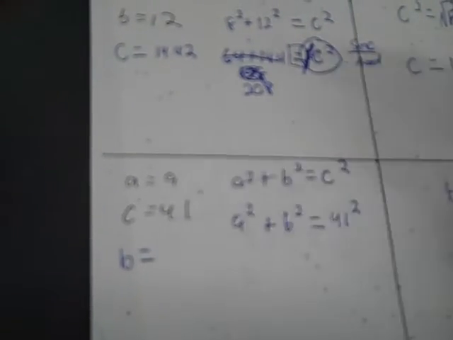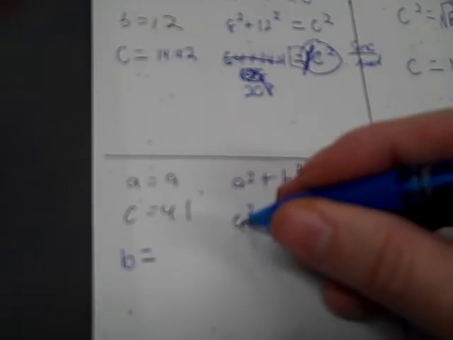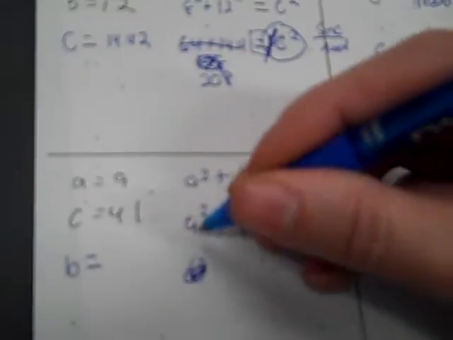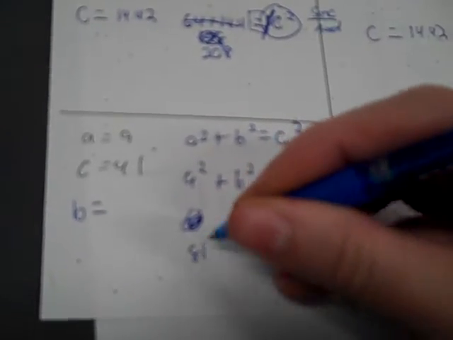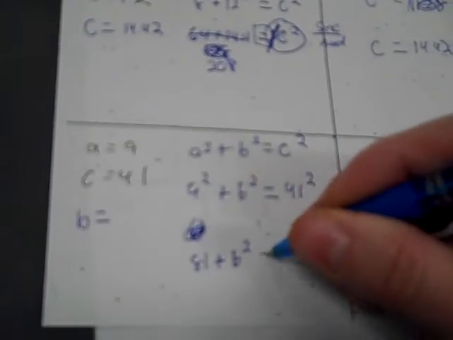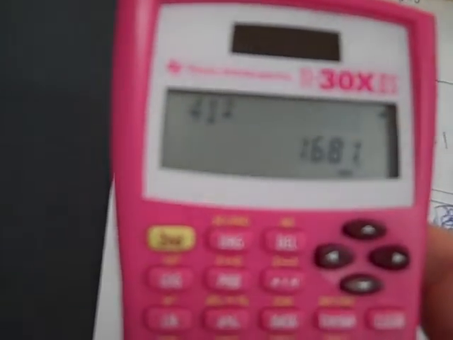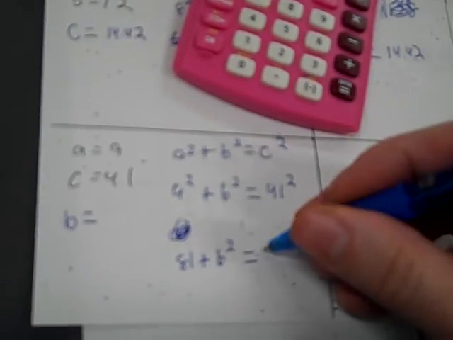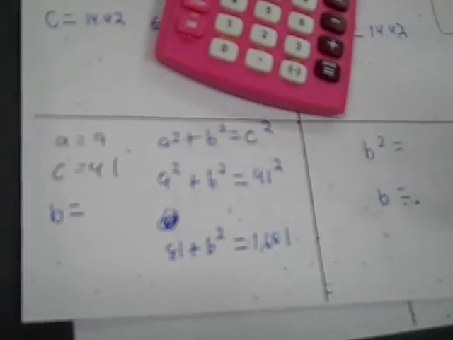Now, get rid of as many. You can't get rid of the second power there because that's a letter. That's the variable. Or no, wait a second, that's 9, not A. So 9 to the second is 81. B I don't know, so that stays. Then 41 to the second is 1,681. Big number there, okay?